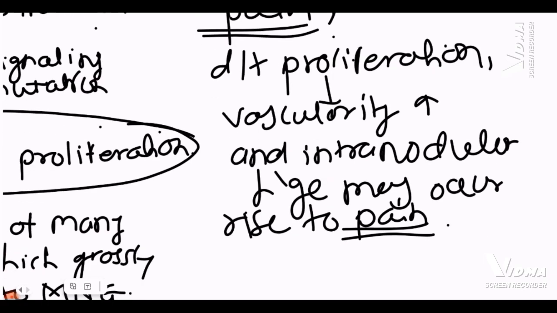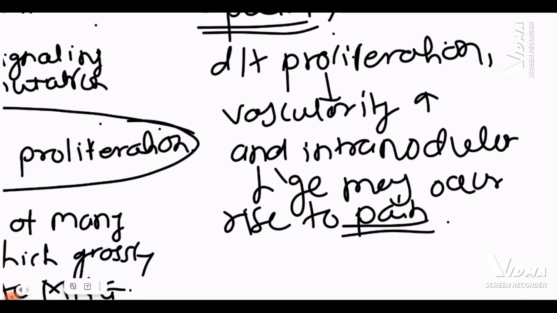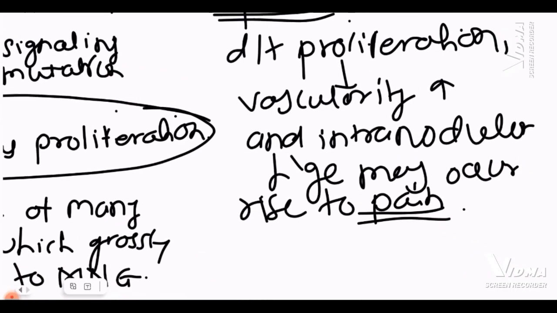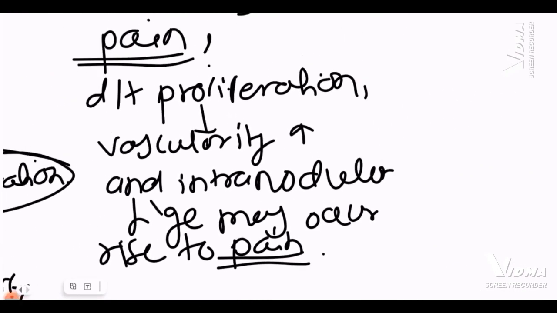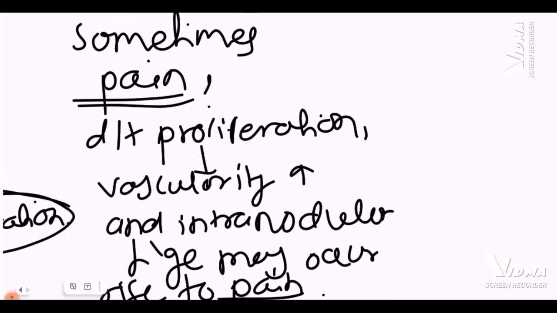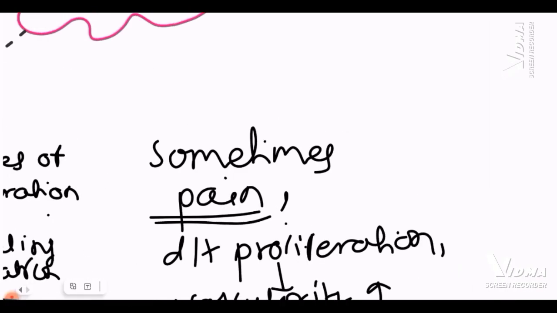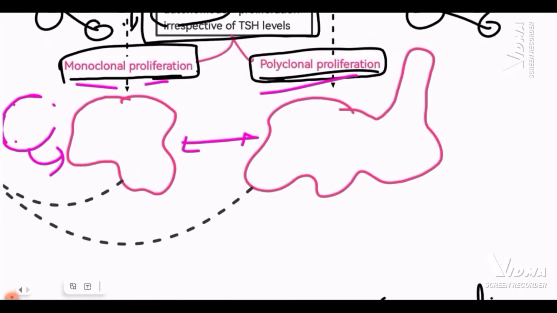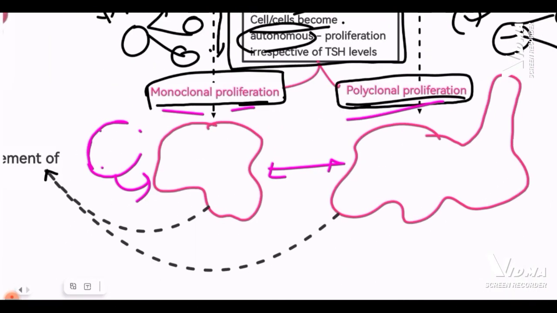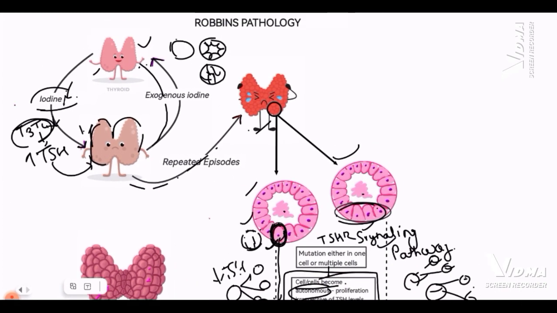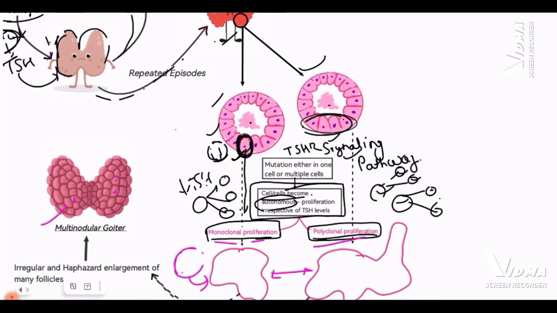So pain generally indicates hemorrhage inside the nodule, and when we take a gross cut section of this nodule, we will see multiple foci of hemorrhages inside that nodule. So this is the overall pathology of multinodular goiter, and these are some facts said in Robbins.